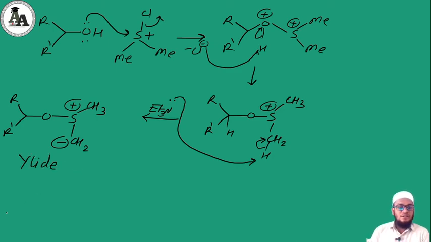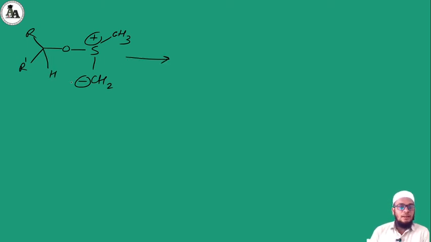Now in the next step I am going to utilize this ylide. So here I have R dash, this oxygen, and then sulfur, CH3 positive in charge, and here we have CH2 negative. Now look here, this carbon will attack on this hydrogen, and this carbon-hydrogen bond electron will shift over here.